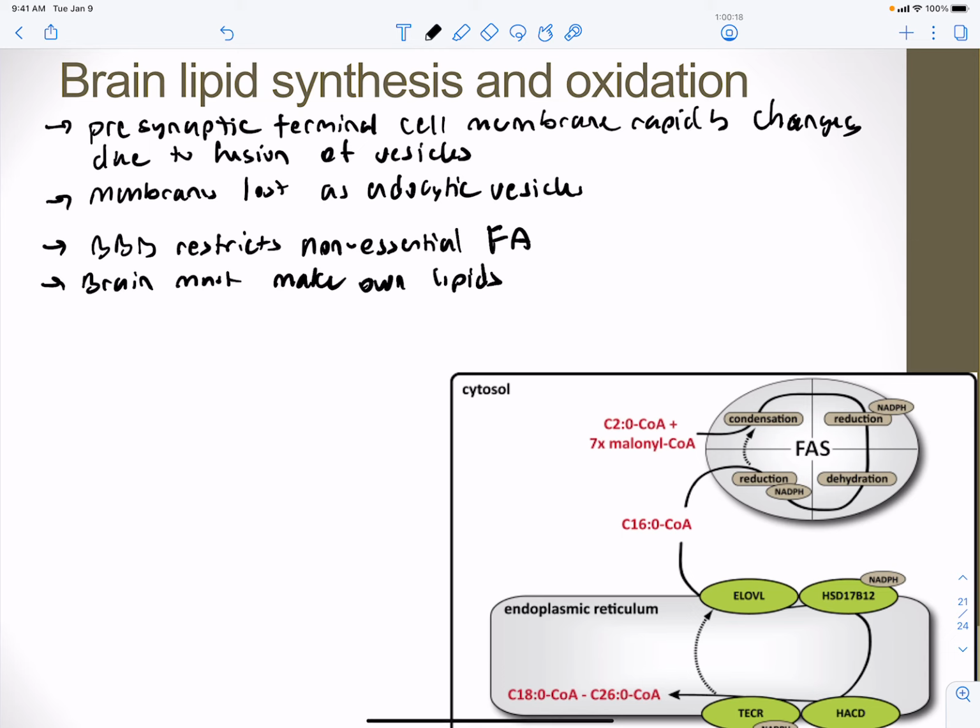and this is called ELOVL. You have your 3-ketoacyl-CoA reductase.